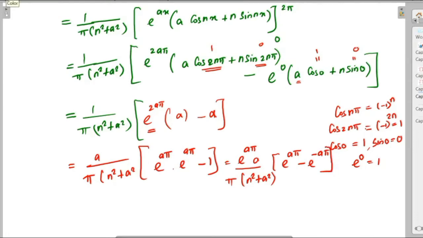So you can rewrite this term as a e power a pi divided by pi n square a square into 2 sinh a pi.